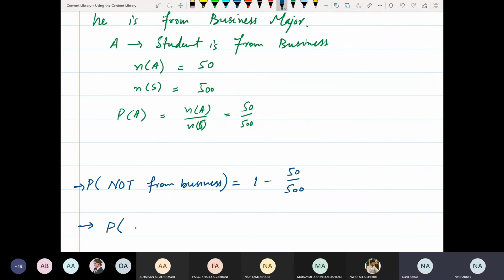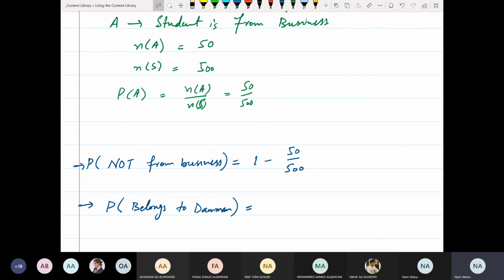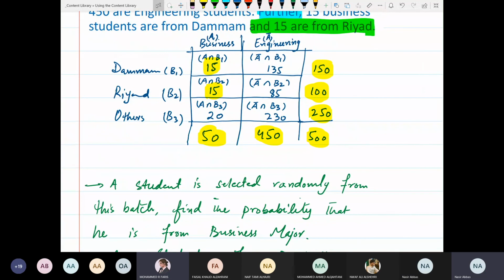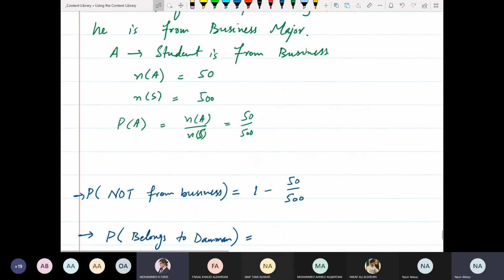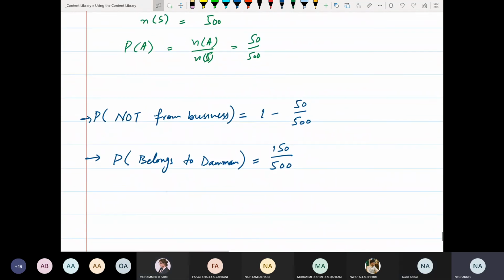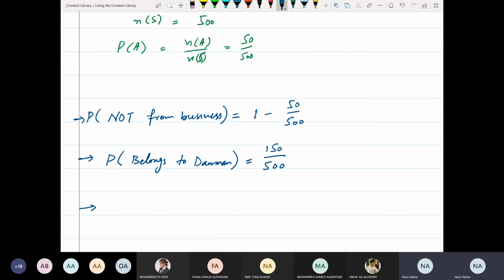What is the probability that the student belongs to the mom? 150 divided by 500. Good. Next question.